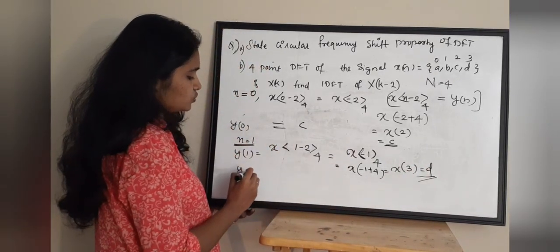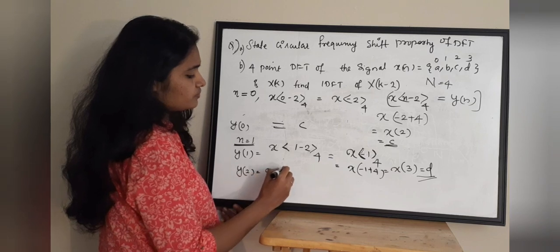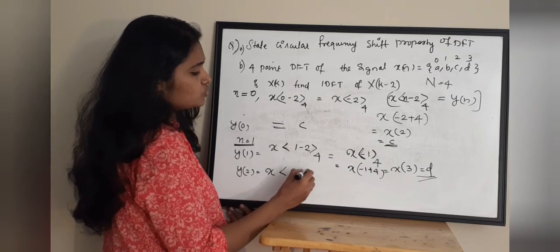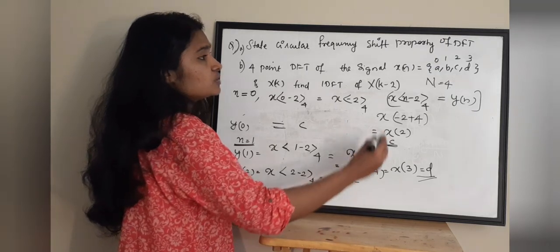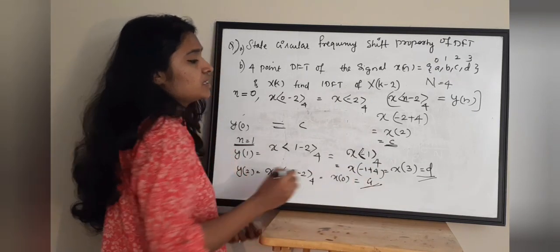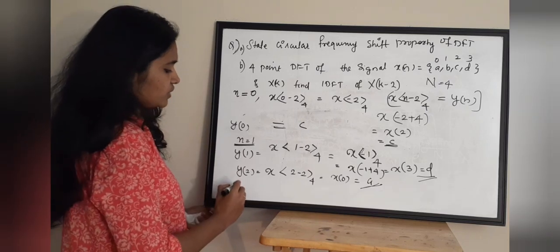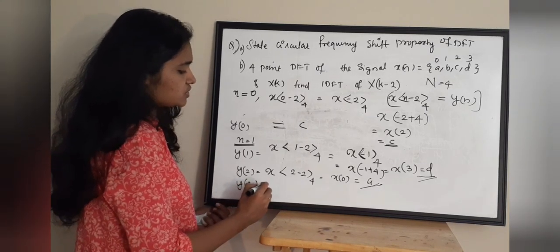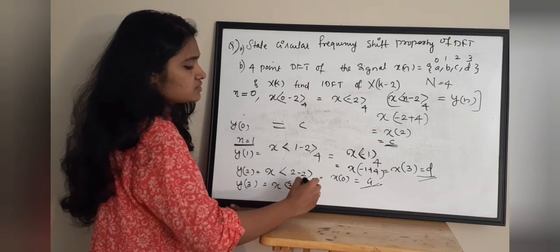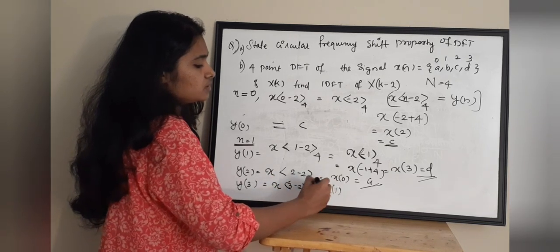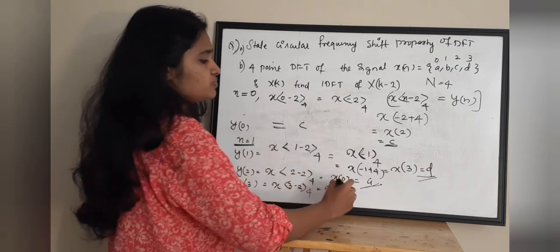Now y of 2, that is x of 2 minus 2, that is x of 0, that is equal to a. Okay. Similarly, find the value of y of 3 also. y of 3 is equal to x of 3 minus 2, that is x of 1. What is the value of x of 1? x of 1 is b.